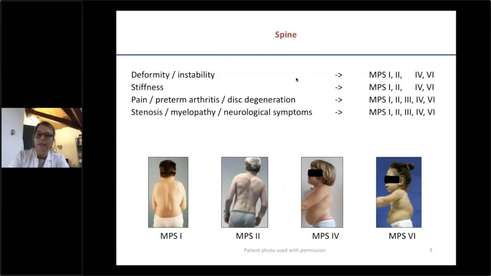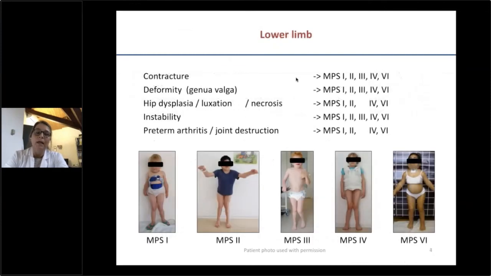You can see it in nearly every form of MPS 1 to 4 and 6. We haven't seen it in MPS 3 yet, but maybe we just were not examining it. And on the lower limb, you see clinical examples over here as well.